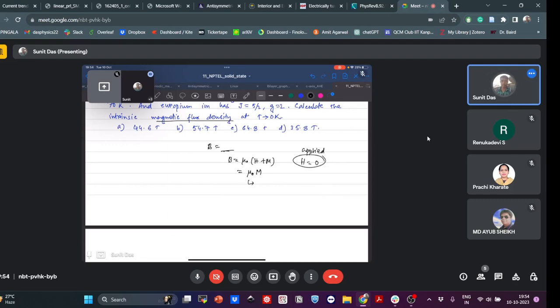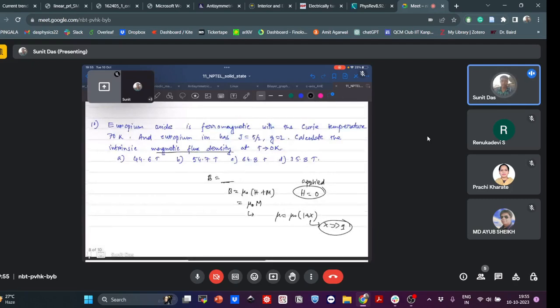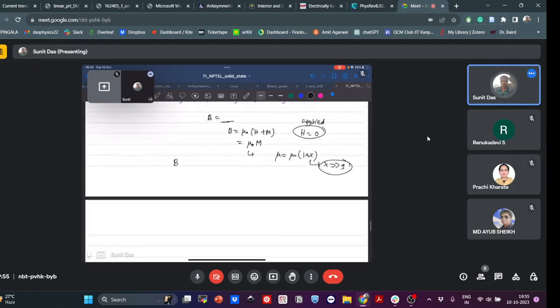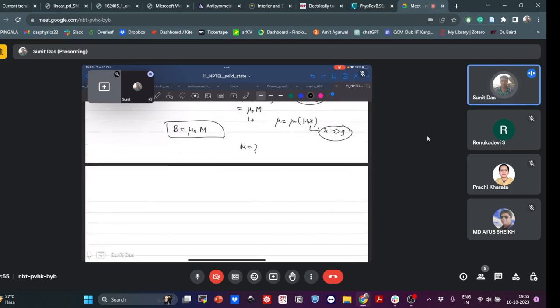It is always mu 0 times 1 plus chi, right? For a ferromagnetic material chi is much greater than 1 sometimes. That information is also missing. We don't know chi, so we need to use mu 0 only. If we proceed in this way, now we need to find M equal to what?